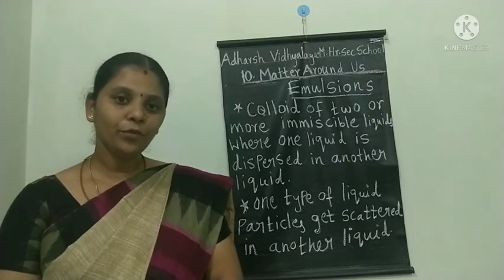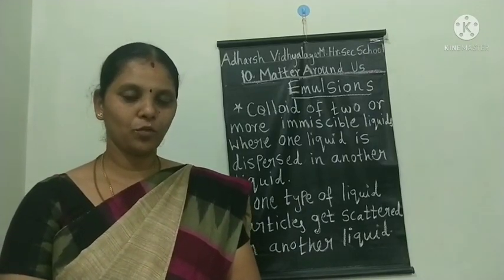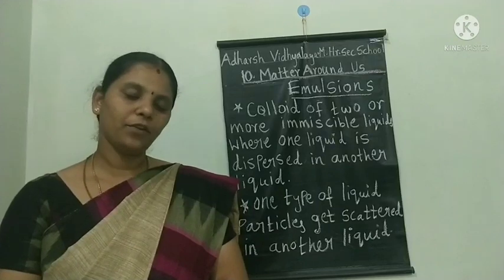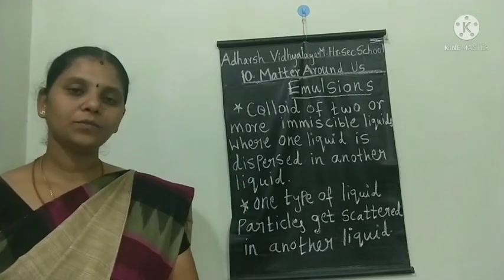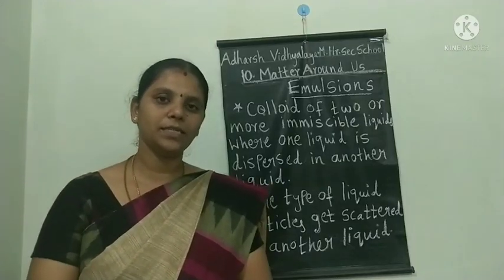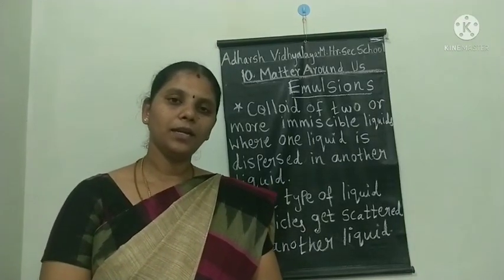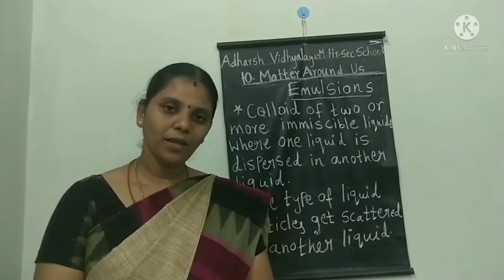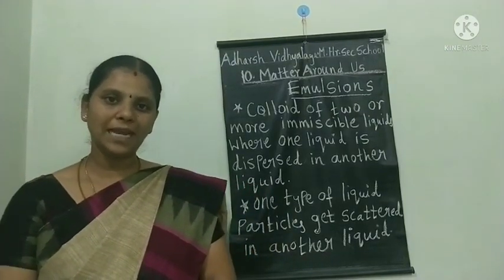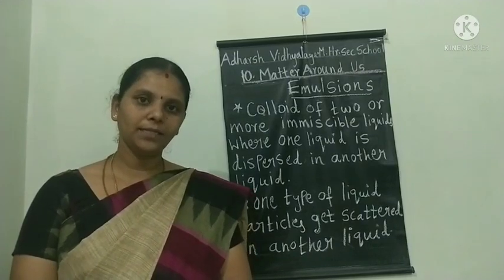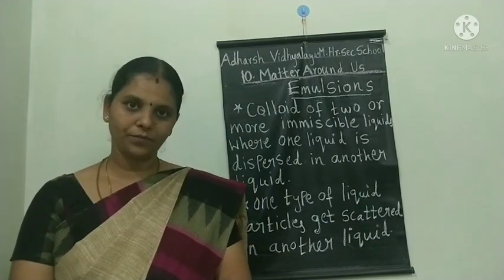That phenomenon is called Brownian movement. Next is the Tyndall effect, which we have learned. The Tyndall effect is also shown by colloidal particles. The scattering of light by the colloidal particles is called the Tyndall effect.